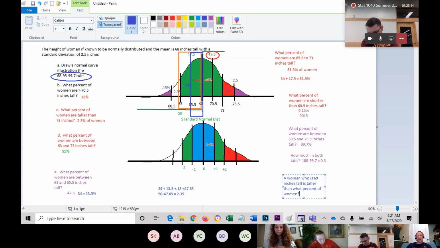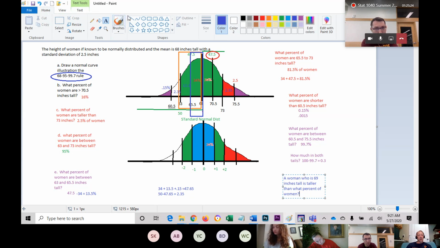Now, because 69 is not part of my rules here, 69 in this case would be this value about right here. That's not on one of my nice numbers. So how would I answer this question?